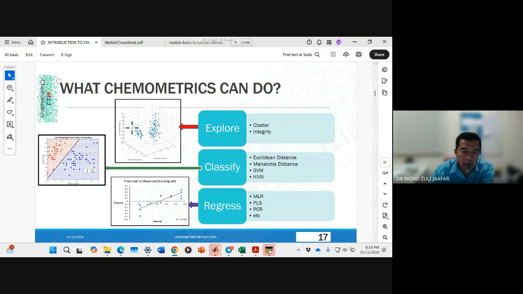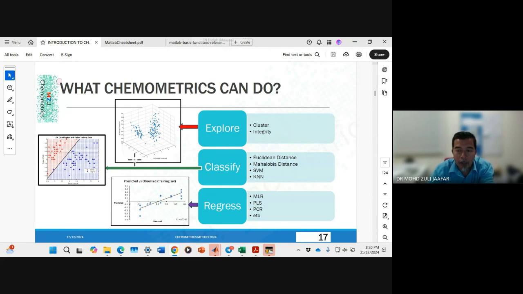So maybe you can plot in 3D like this, and you can see there are two groups of data set. Or you wanted to classify whether you can distinguish between red and blue. So what model should be used to draw the line between red and blue? This is what we call classification.